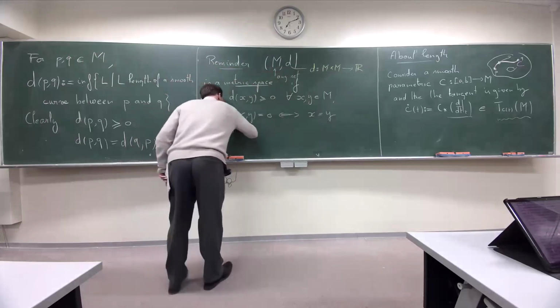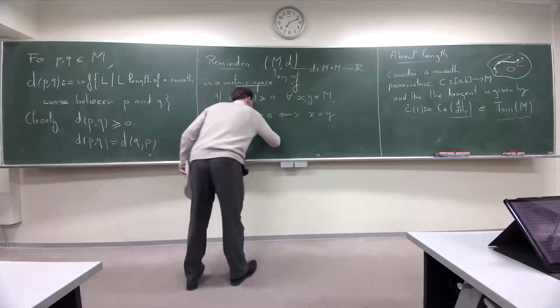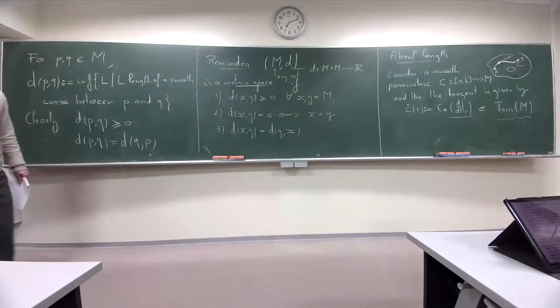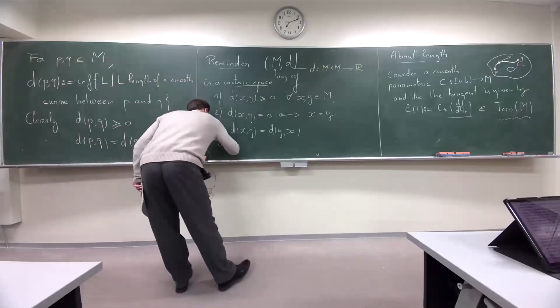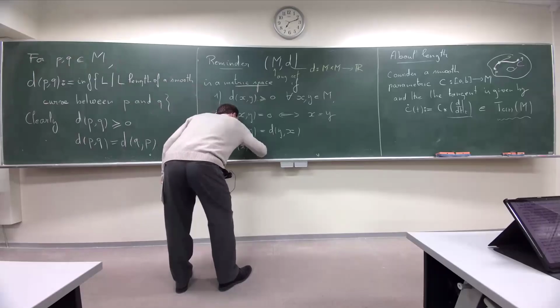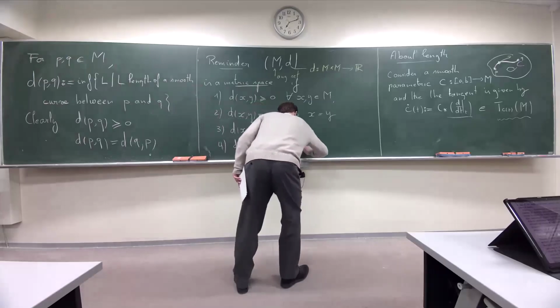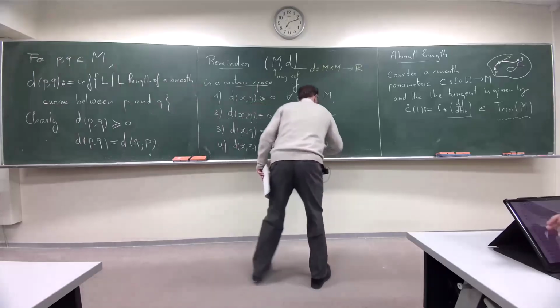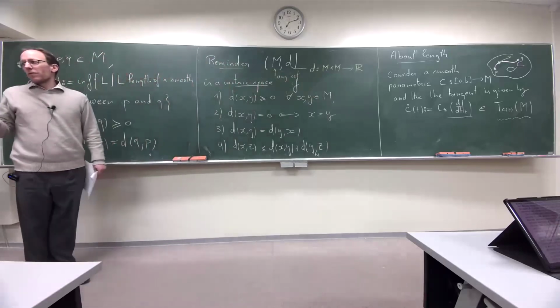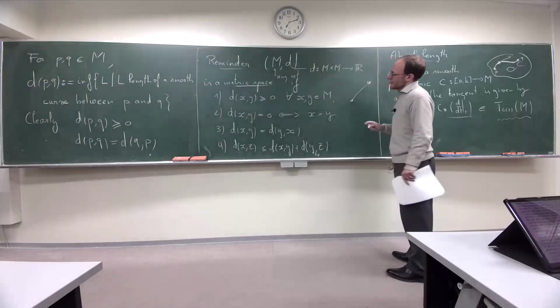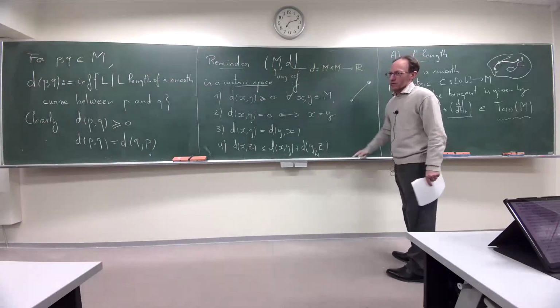The third one is that D of XY is the same as D of YX, because a priori there is no reason why it should be true if D is just a function from M times M to R. And we want to have the triangle inequality, D of XZ smaller than D of XY plus D of YZ, which is something you should be familiar with. I'm just trying to write an abstract version of a distance.